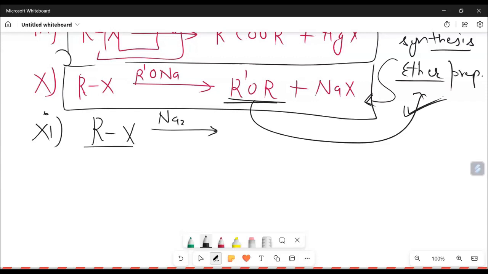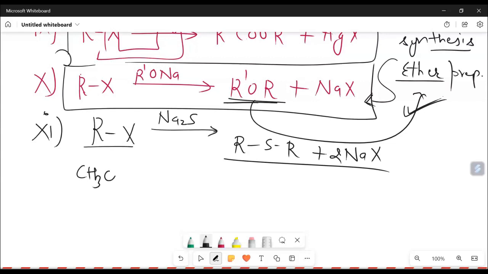Okay, so the next reaction would be R-X reacting with Na2S. It will form RSR plus 2NaX. For example, you have CH3Cl reacts with Na2S.